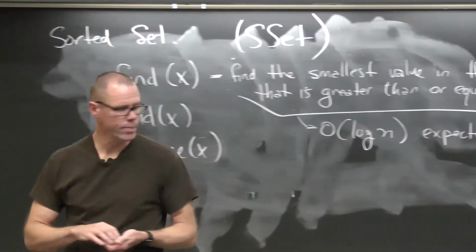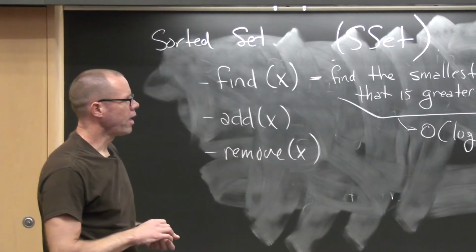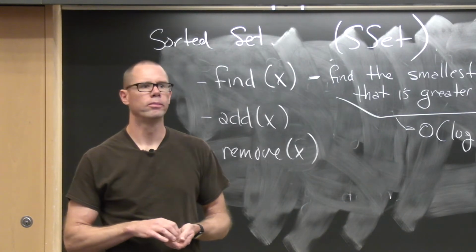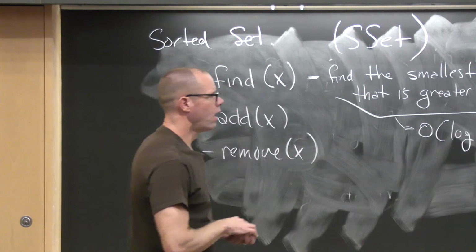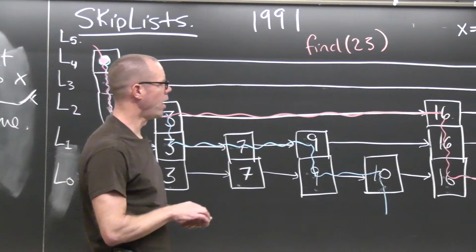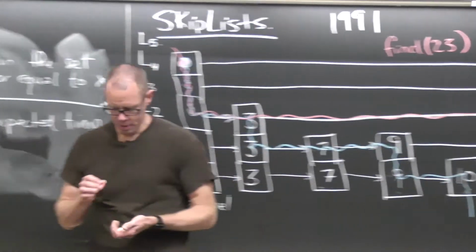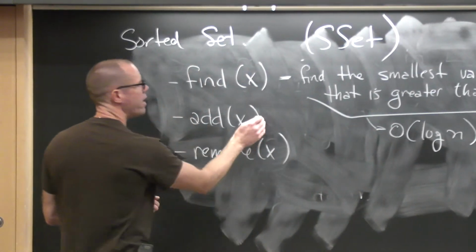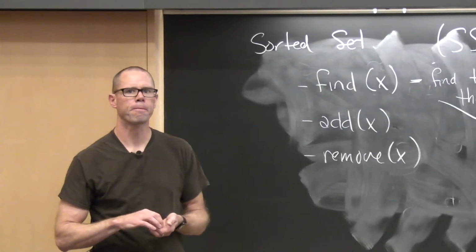Okay. Any questions so far? All right. How about if I want to do the next operation, which is to add an element to the skip list?